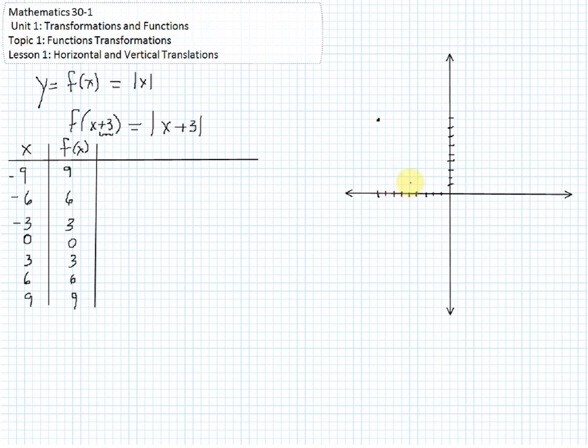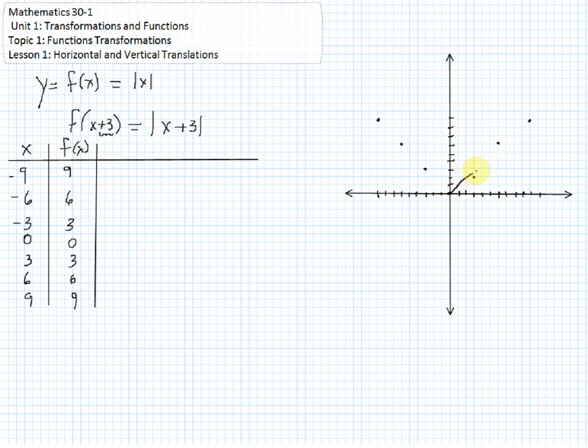We have -6, up 6, here, 3 and 3, 0, and as we go to the positive x's, we have across 3 and up 3, across 6 and up 6, and then up 9 and out 9.